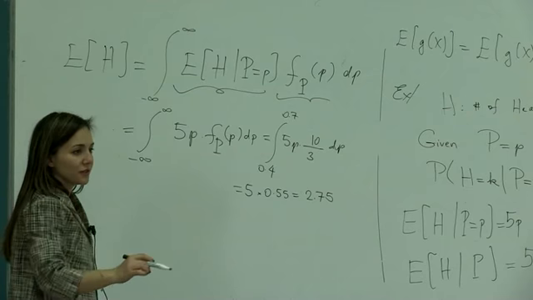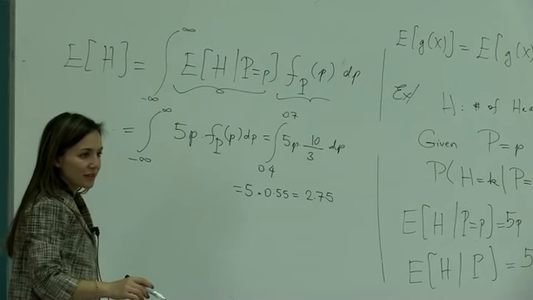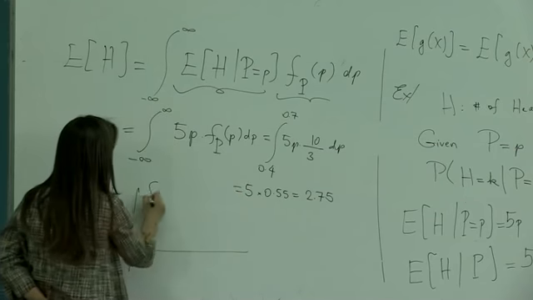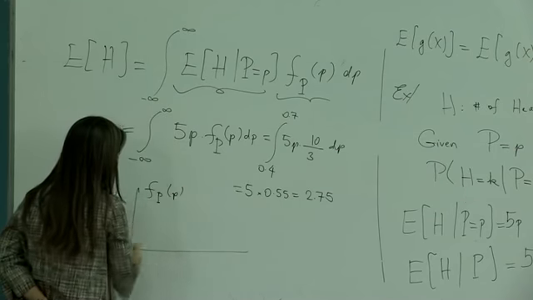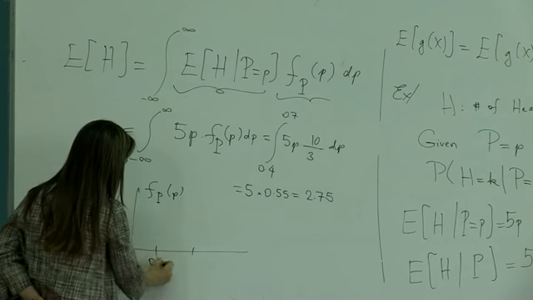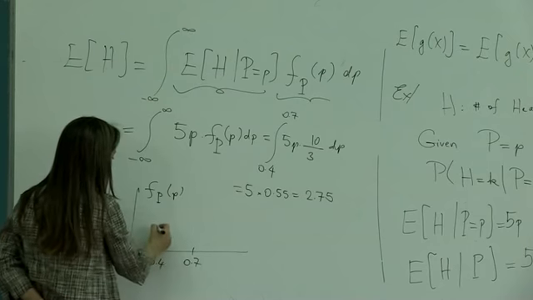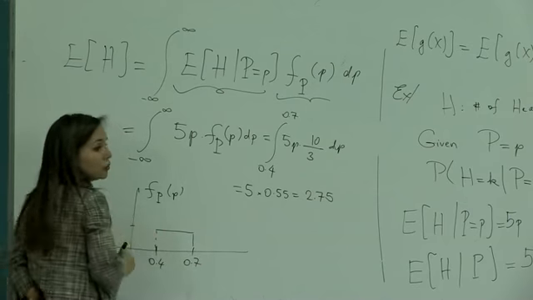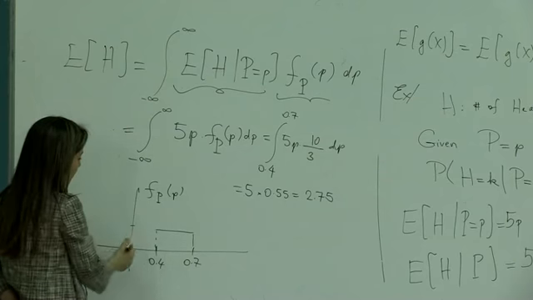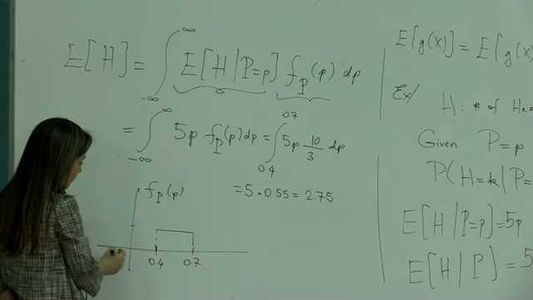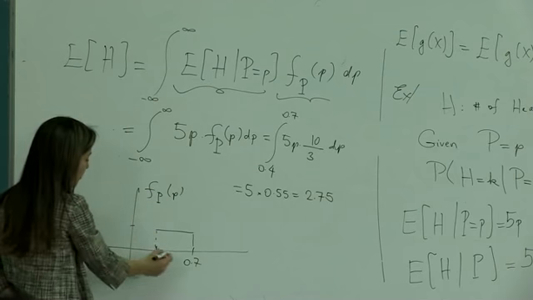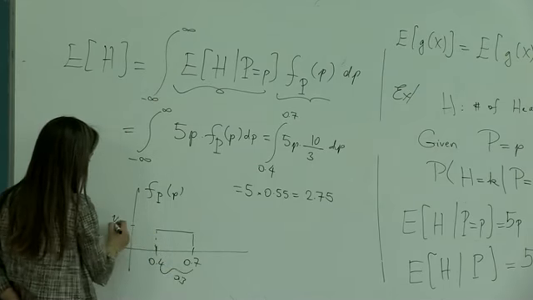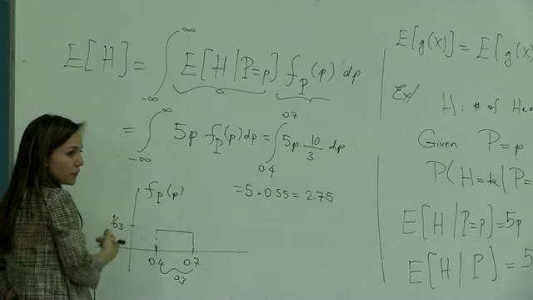I think you guys have a question. No? Yes, please. Now, that's f_P of p. f_P of p is uniform between 0.4 and 0.7. To make computations easy, we are using uniform PDFs. We could have had another PDF for f_P, but it's just uniform. And this range is 0.3, so this height should be 1 over 0.3, which is 10 over 3.